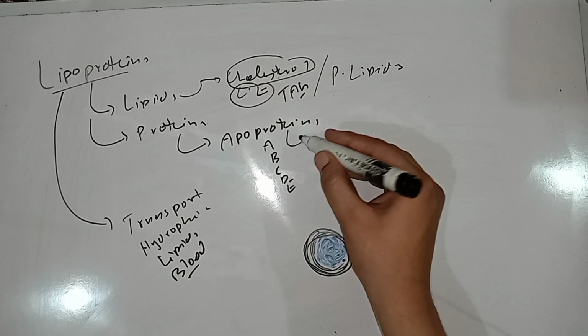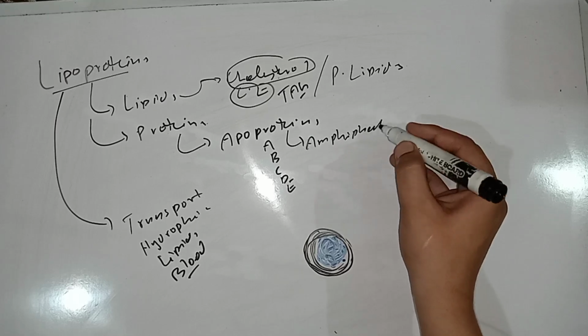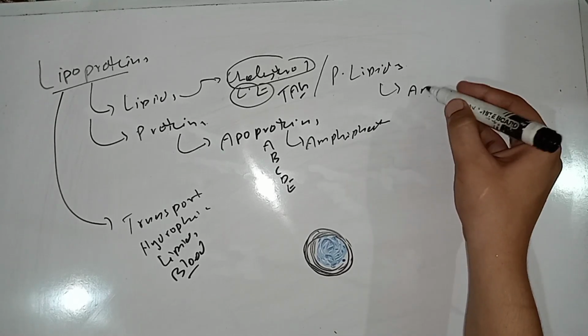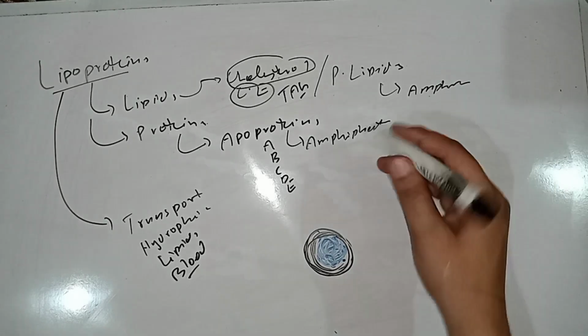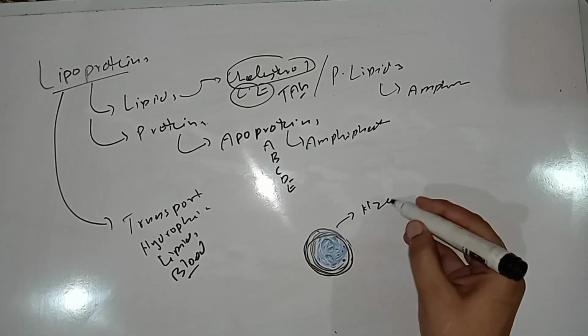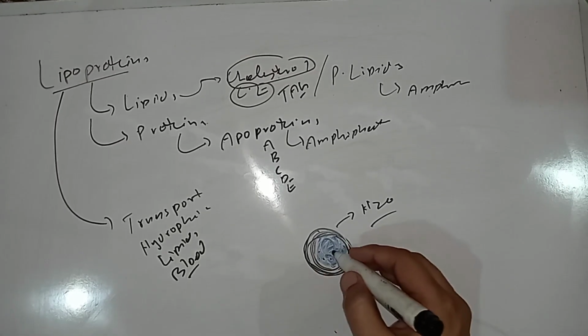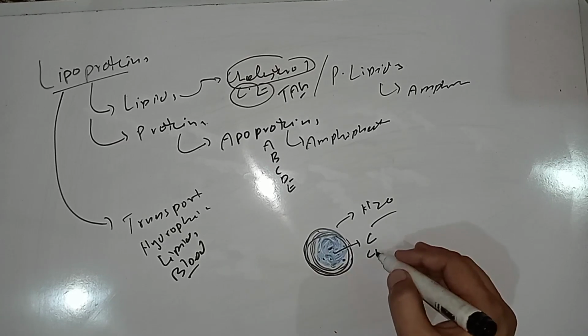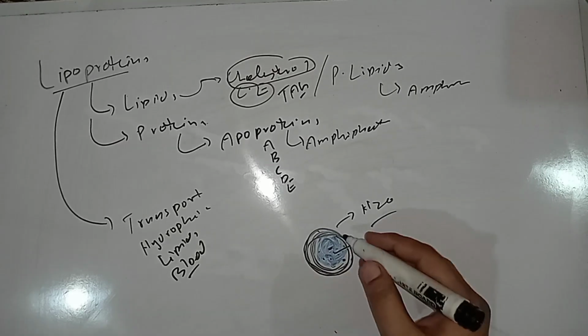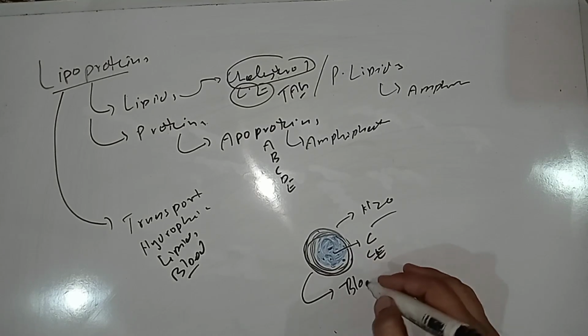Apoproteins and phospholipids are amphipathic, having both polar and non-polar regions. So they cover up this core. Their polar region interacts with water or polar solvents, and their hydrophobic region interacts with the hydrophobic core containing cholesterol and cholesterol esters, and it then makes them soluble and transports them in blood.